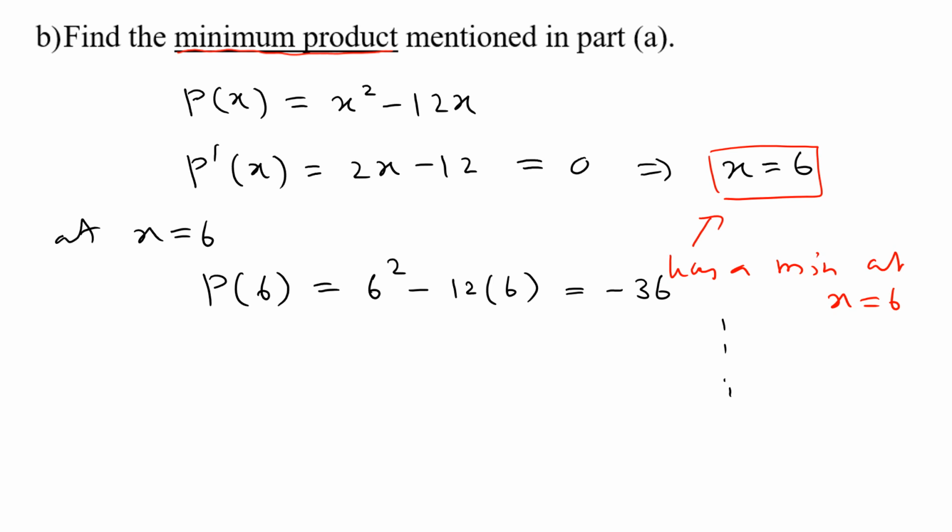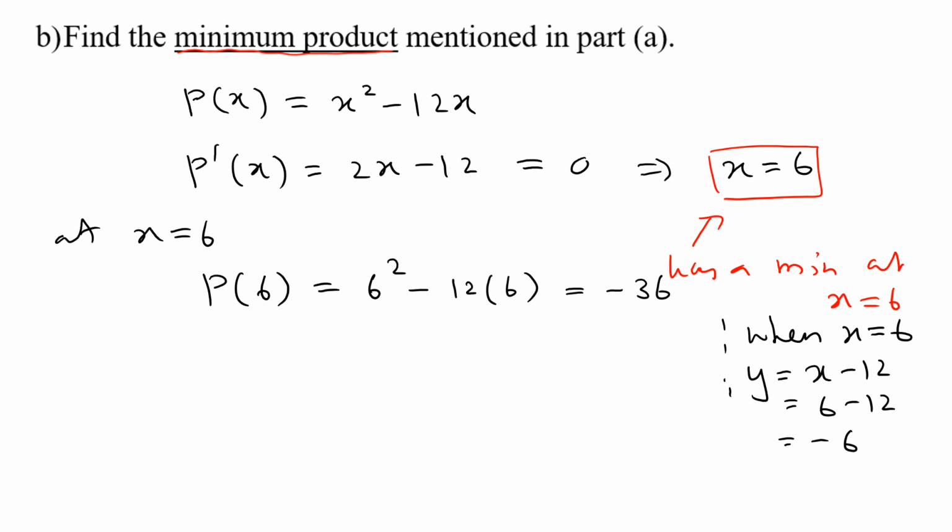When x equals 6, y equals x minus 12, that's the y value, which is 6 minus 12, which is negative 6. So the corresponding y is negative 6. Let's write the final answer now. The minimum is negative 36 when x equals 6 and y equals negative 6.